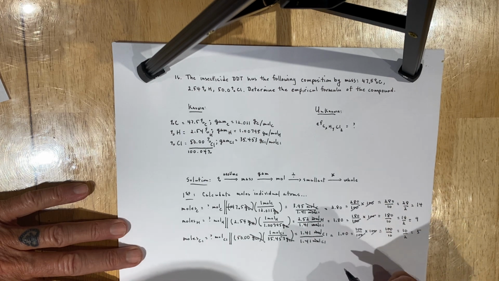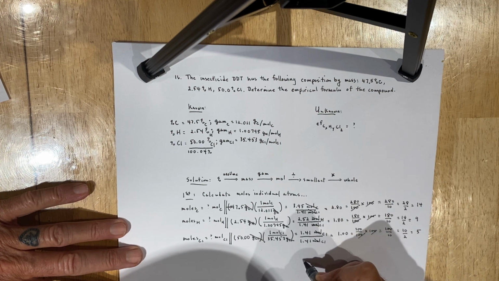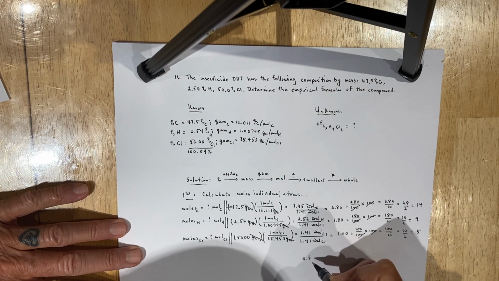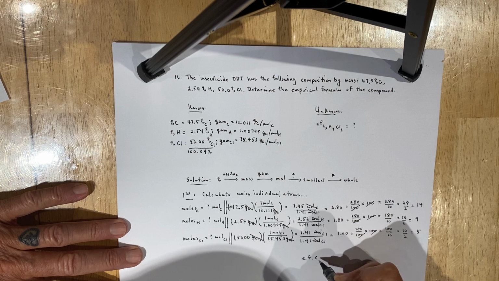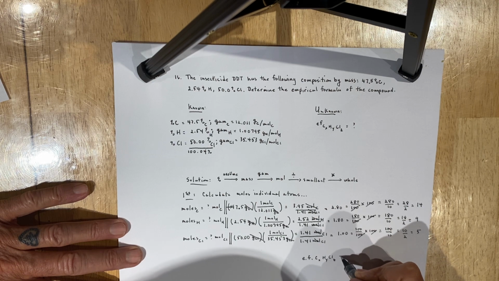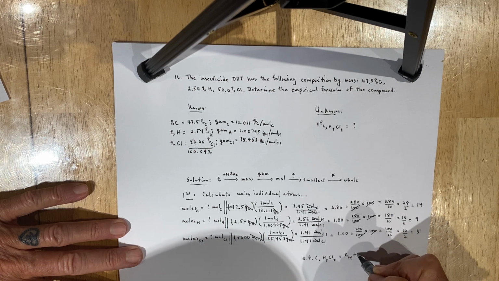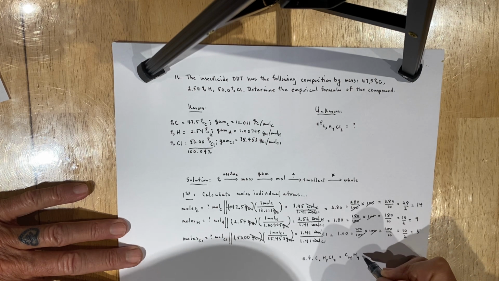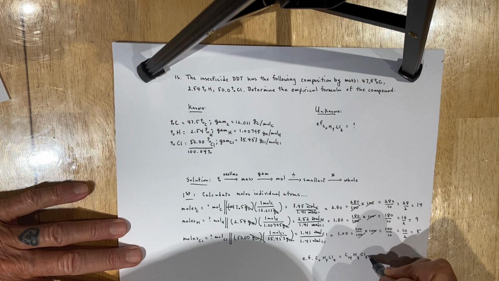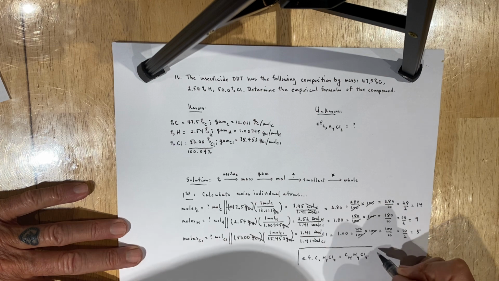So the empirical formula of carbon to hydrogen to chlorine is in fact C14H9Cl5, and that is the end result.